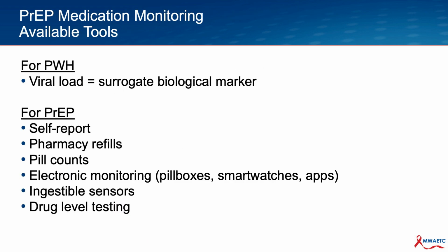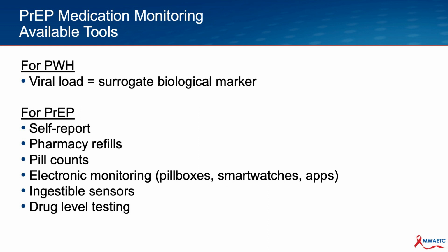So one of the challenges with PrEP in particular is that we don't have a good surrogate marker. In people with HIV, we use viral load as a surrogate marker. Really what we're interested in, in terms of thinking about antiretrovirals, is: do antiretrovirals decrease mortality? We can't measure mortality; that's a very far down the line endpoint.